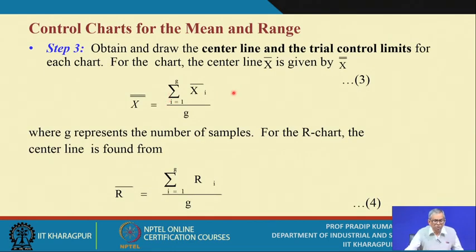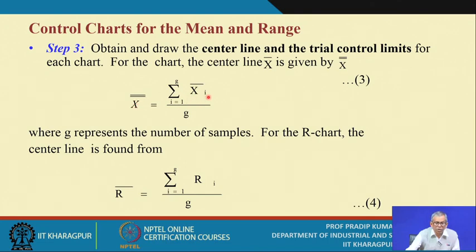Then you have drawn g number of samples, that is your sampling frequency. When you consider all these g samples, you calculate the mean of the means, that is x double bar.